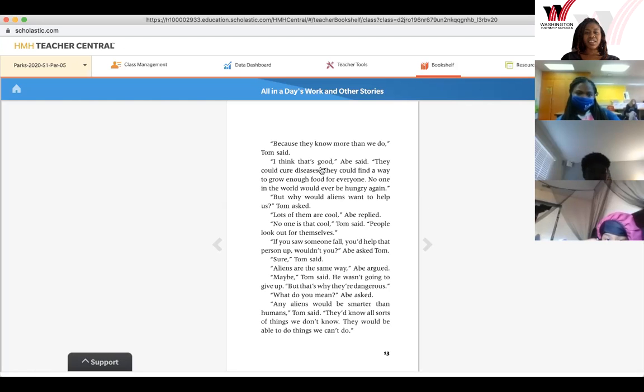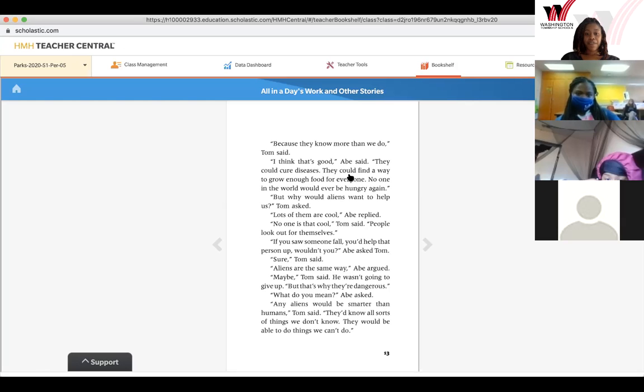I think that's good, Abe said. They could cure diseases. They could find a way to grow enough food for everyone. No one in the world would ever be hungry again. But why would aliens want to help us? Tom asked. Lots of them are cool, Abe replied. No one is that cool, Tom said. People look out for themselves.